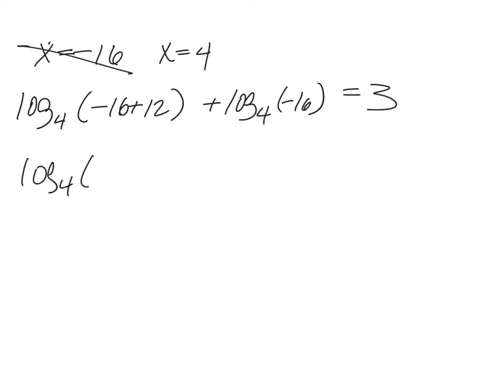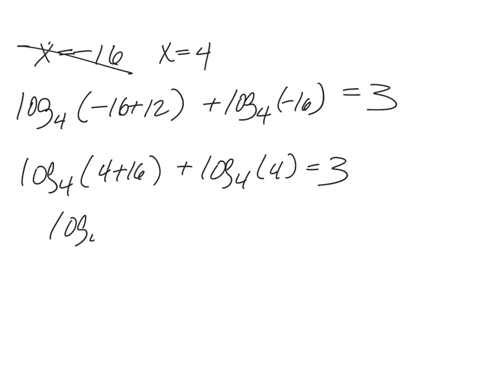Log base 4 of 4 plus 12, and log base 4 of 4. 4 plus 16 is 20 times 4 is 80. So I have log base 4 of 20 times 4 equals 3. 4 to the third power equals 80.